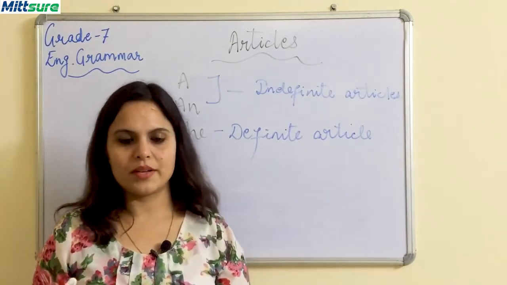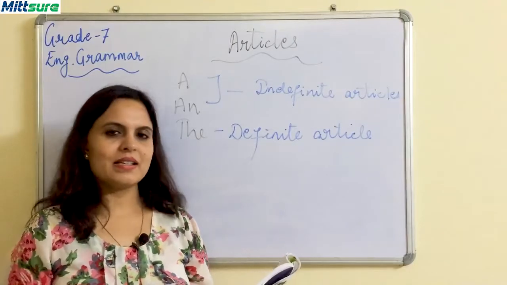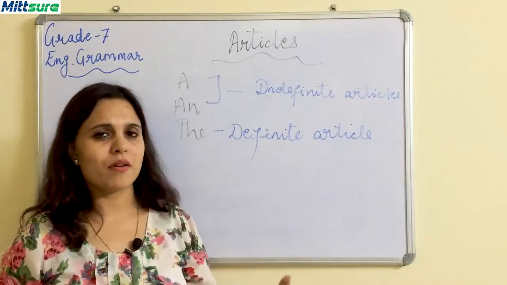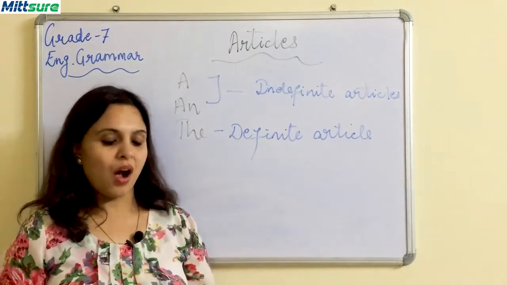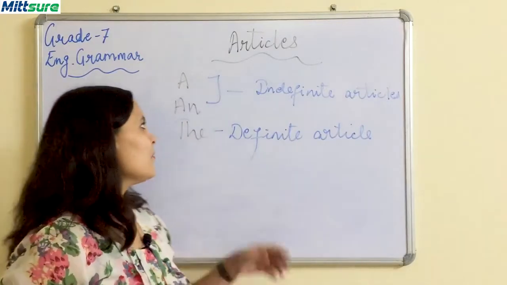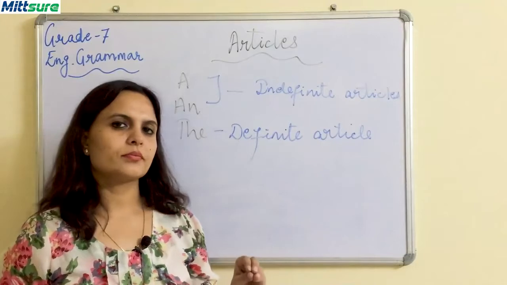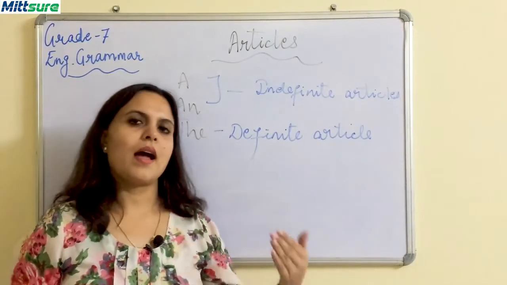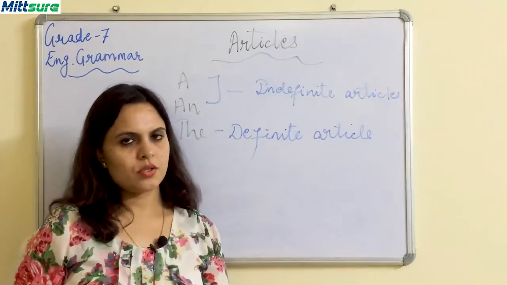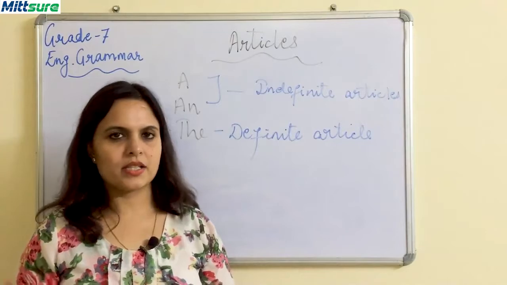The boy is wearing a new hat, a camel is drinking water, and an is used with a countable singular noun beginning with a vowel sound like an orange, an owl, an honest man, an officer, right? Simply, this all has to do with the usage of vowel sounds and consonant sounds, right? A man, an ostrich, an egg, a girl. Simple as that, right? So these are the indefinite.